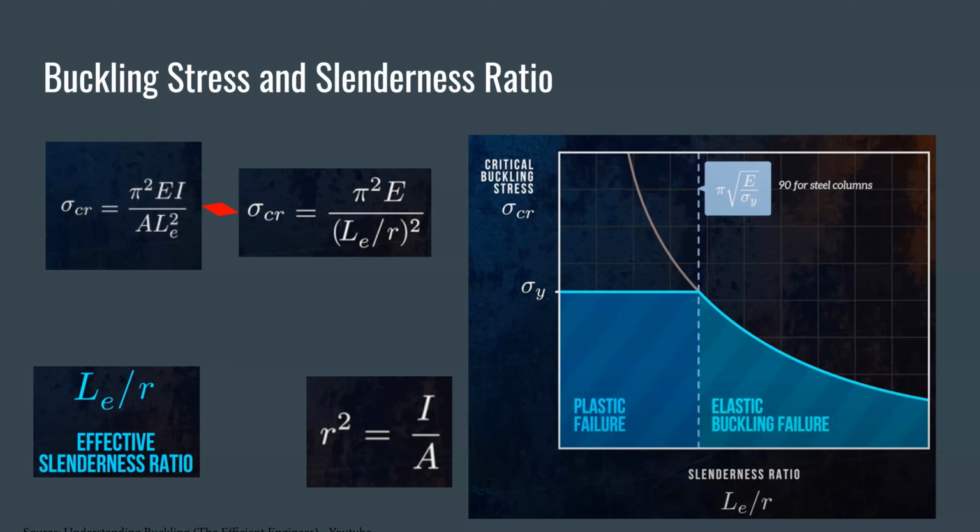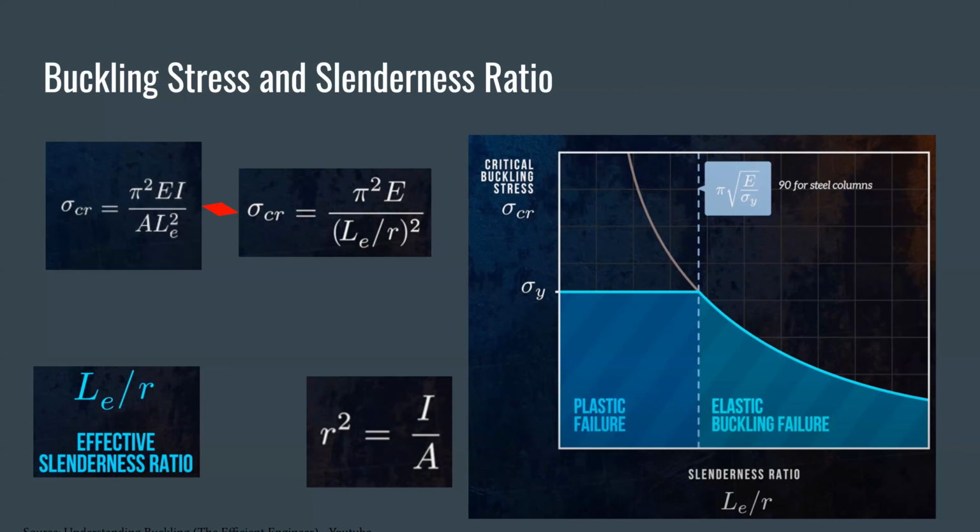As you know, a very slender column will have a large slenderness ratio and a low critical buckling stress. Then a stocky column will have a low slenderness ratio and a high critical buckling stress.